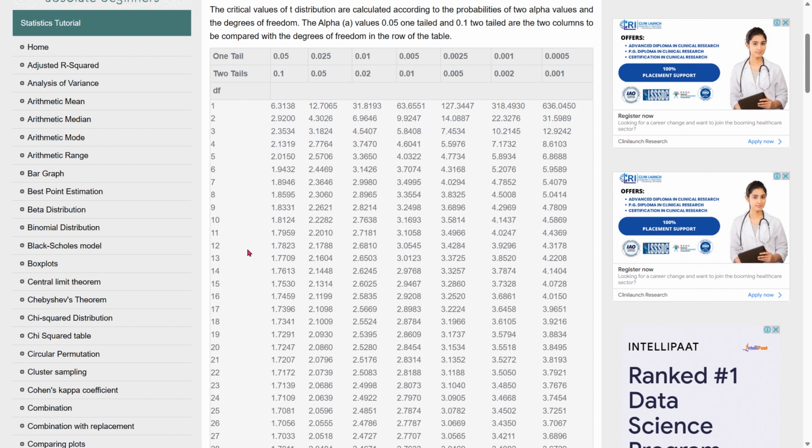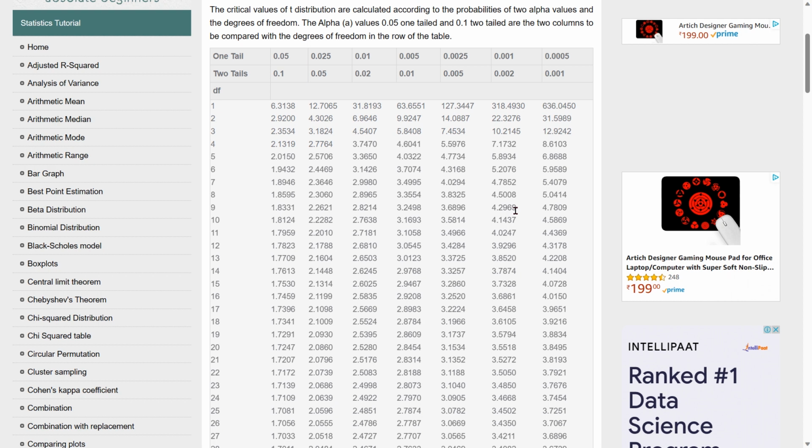So this means that there is a 4.3 percent chance, somewhere around here. I'm talking about this value 4.2969, which is approximately 4.3. So this means that there is a 4.3 percent chance of observing a t value as extreme or more extreme than 2.31, assuming the null hypothesis is true.